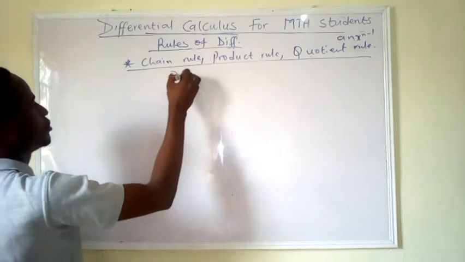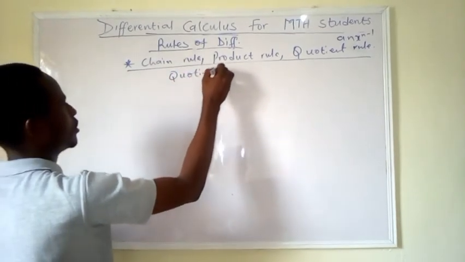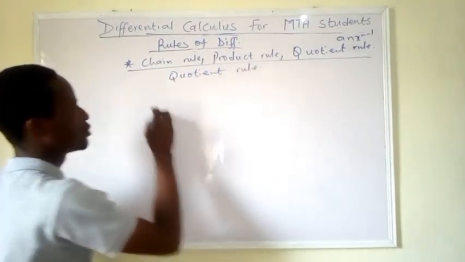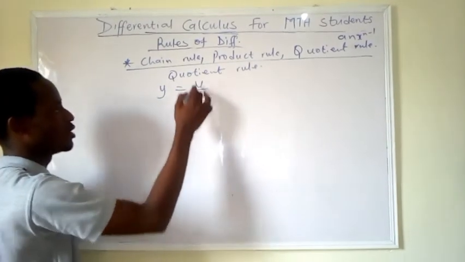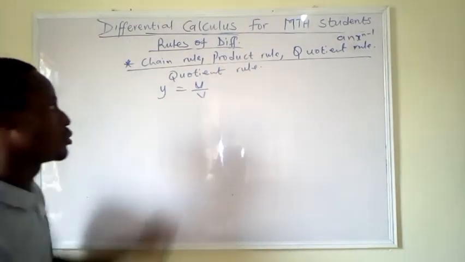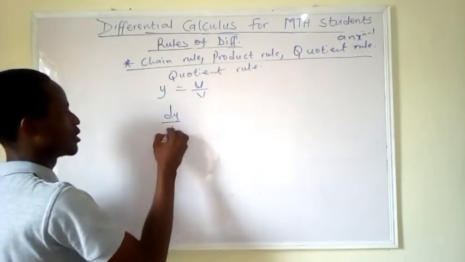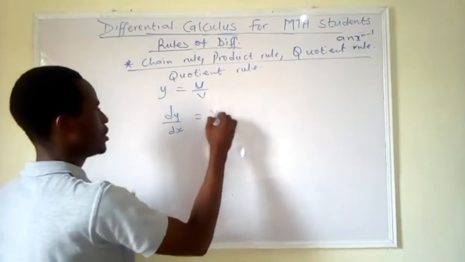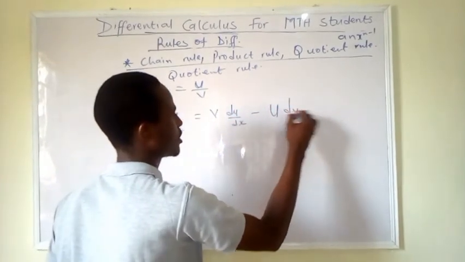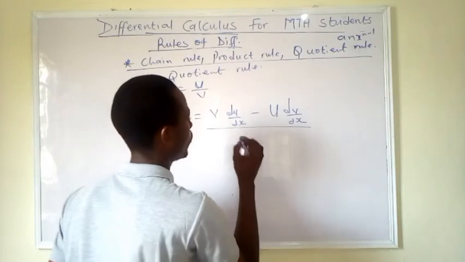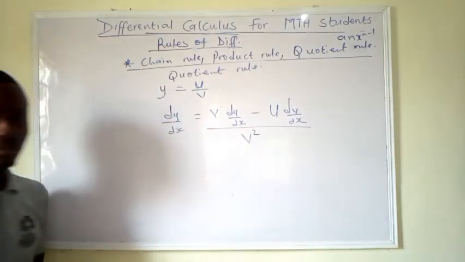According to the quotient rule, if I have a function y equals u all over v, that is the quotient, then dy/dx is going to be equal to v du/dx minus u dv/dx, all over v squared.